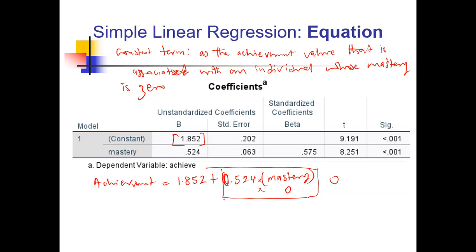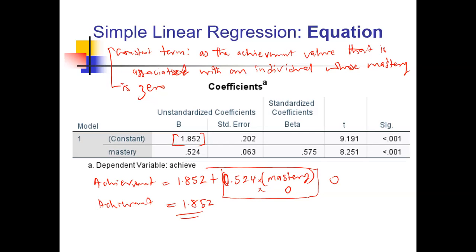So if you solve that equation for somebody whose mastery is 0, you end up having achievement equal to 1.852. So that is the interpretation we're giving the constant. Does that make sense? It's very straightforward. So your constant term is interpreted as the achievement value for an individual with a mastery of 0.